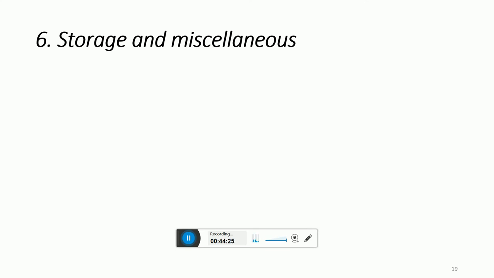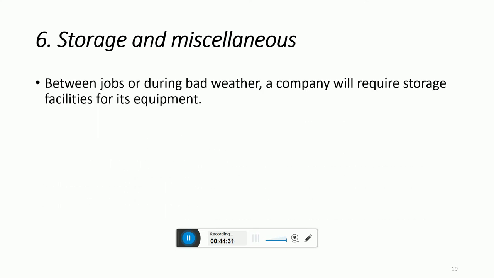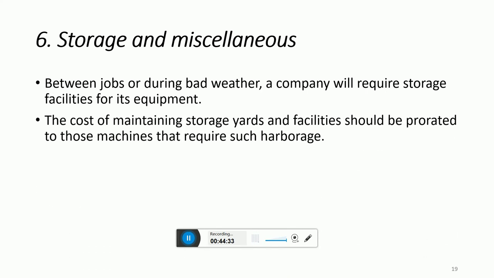So between the jobs or during bad weather, a company will require storage facilities for its equipment. The cost of maintaining storage yards and facilities should be prorated to those machines that require such harborage.